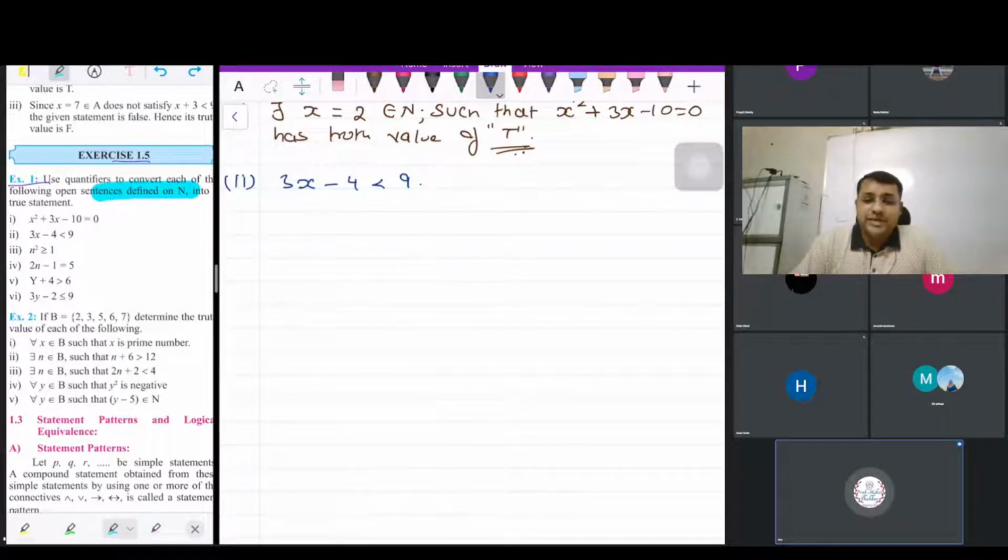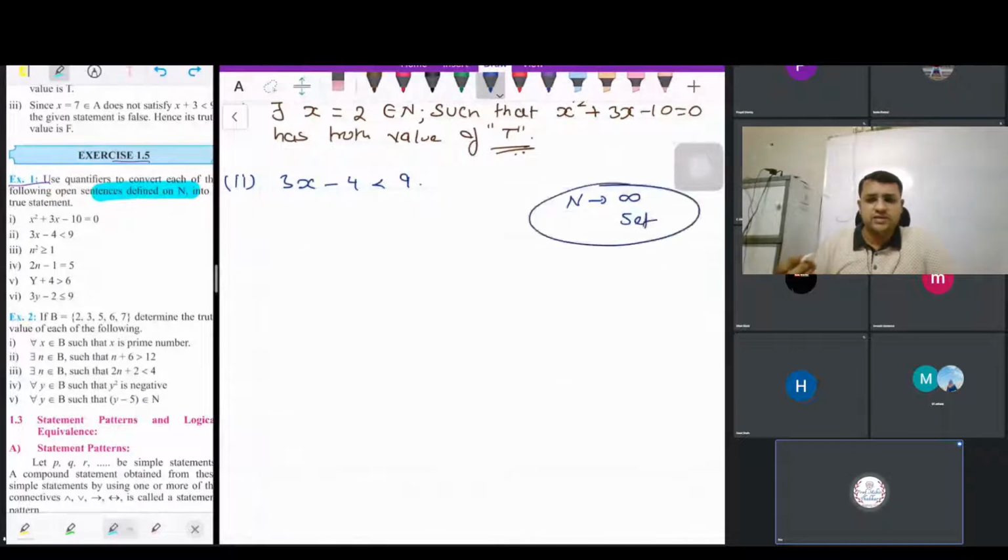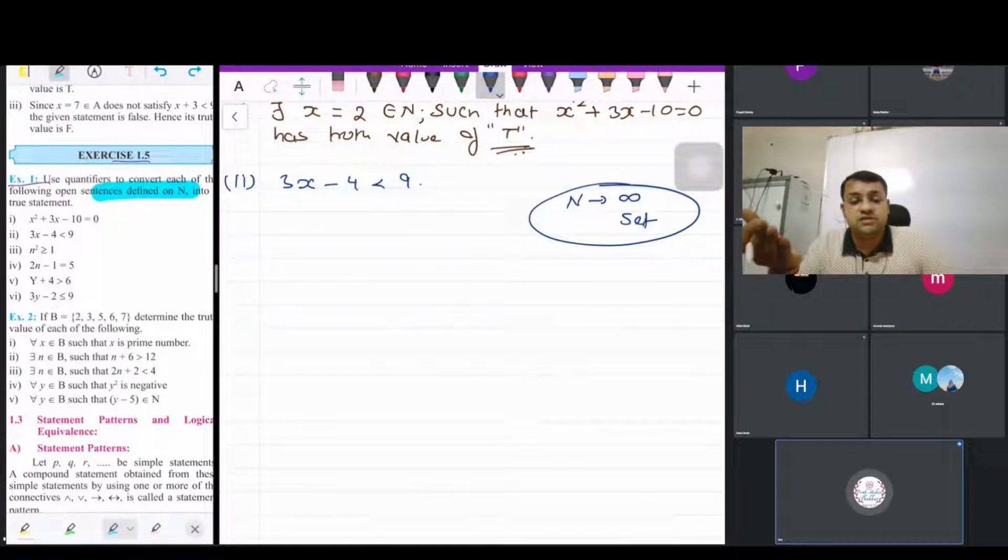There can be some natural numbers for which the answer is definitely less than 9. But the set of natural numbers is an infinite set. So if I go on substituting infinite numbers in place of x, the answer at a certain level is definitely going to exceed the value 9, which is what we don't want.